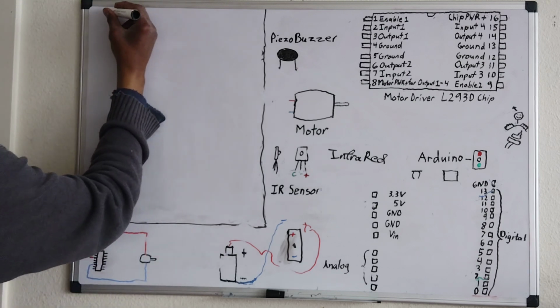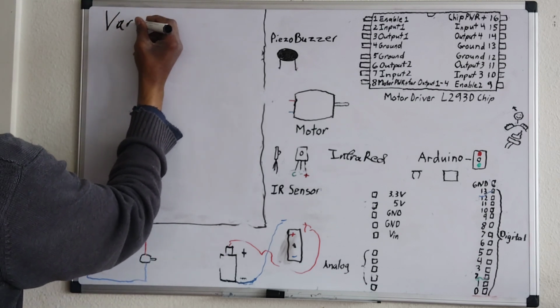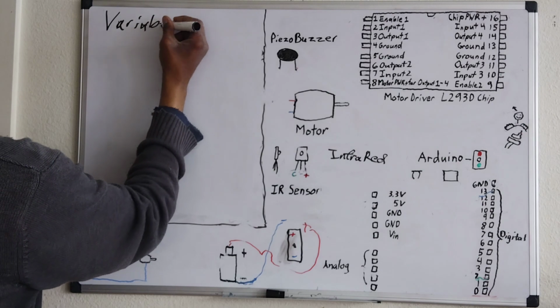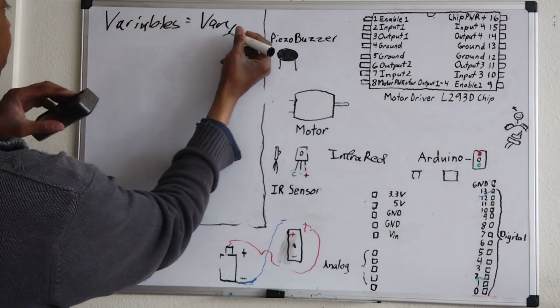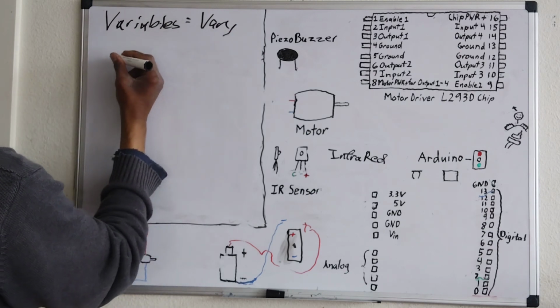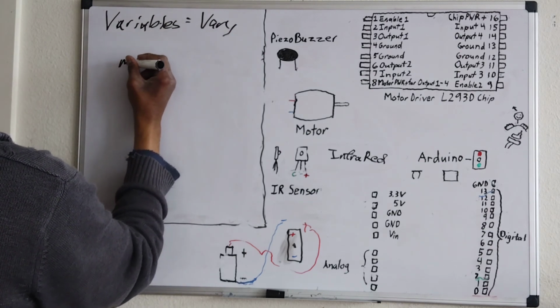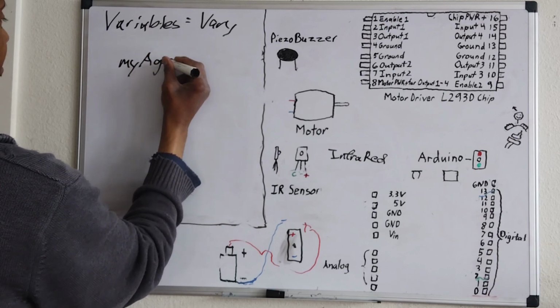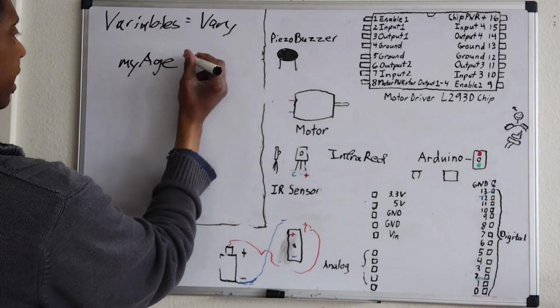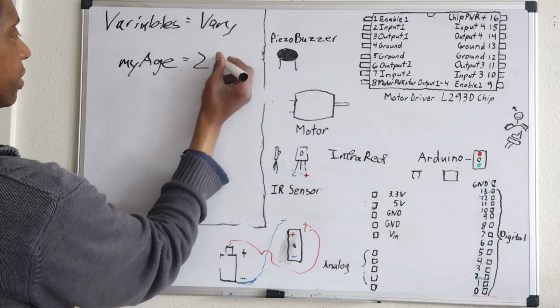Next, let's go over variables. Variables are words or letters that vary. Let's go over one such as myAge. My age, we could say, is assigned the value of 20.